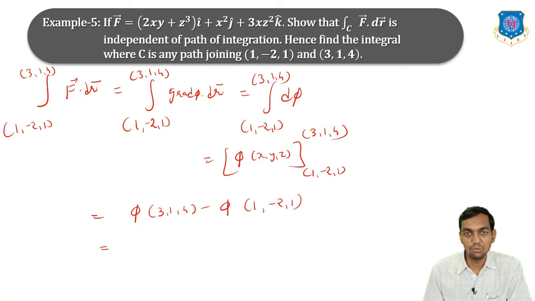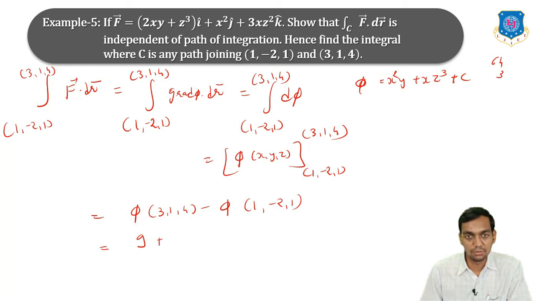Correct? Now your function you get phi is equal to x square y plus xz cube. This function we have obtained, correct? Plus c. So put the value of x, y and z here. X is 3, 3 square is 9 into 1, that will be 9, plus 3 into 4 cube, 4 cube is 64 into 3, okay.